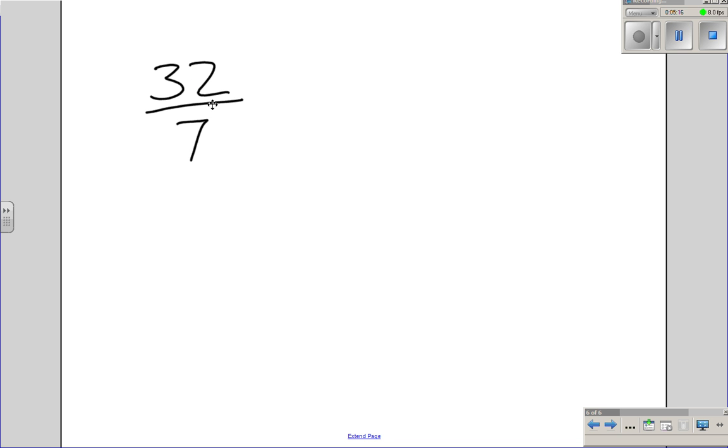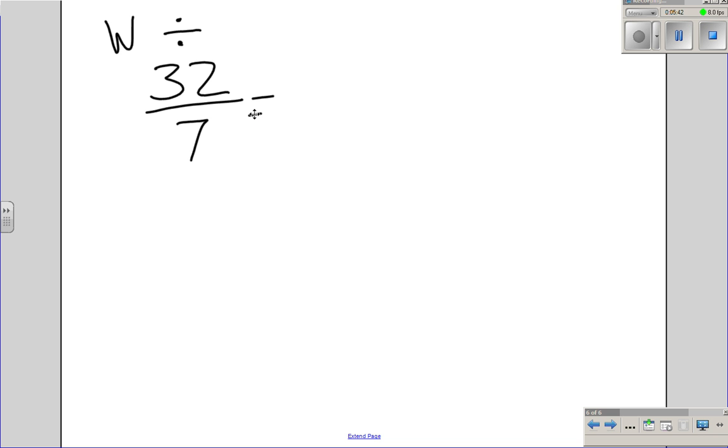So this fraction is greater than 1, so it's going to have a whole number part. So W for whole number. Second question, can I use a shortcut with 7? Can I turn 7 into 10, 100, or 1,000? No. So this is going to be a division problem with a whole number part to the answer.